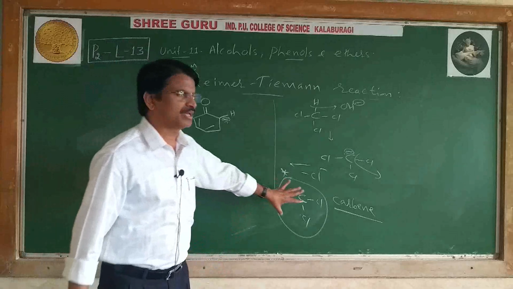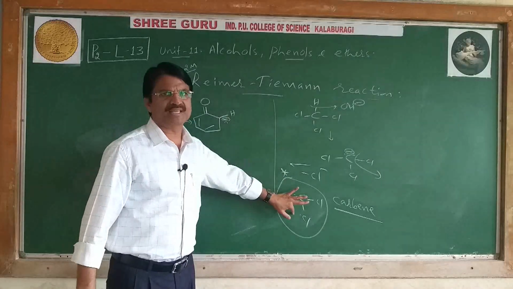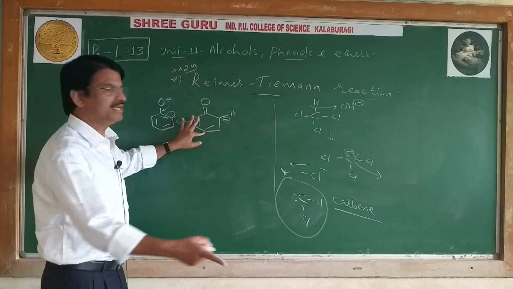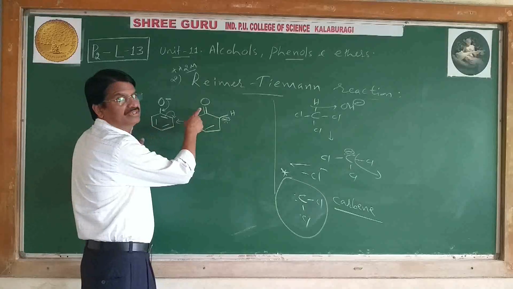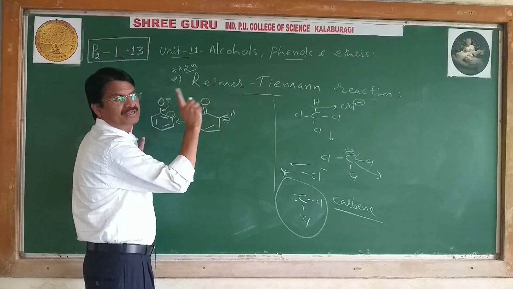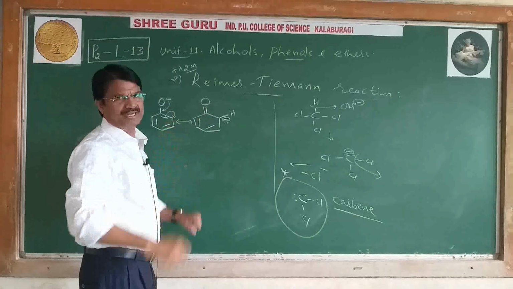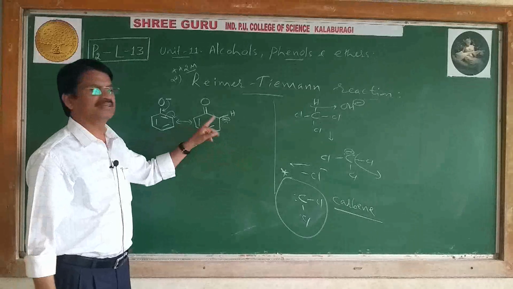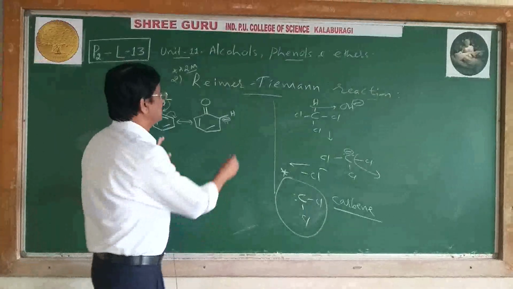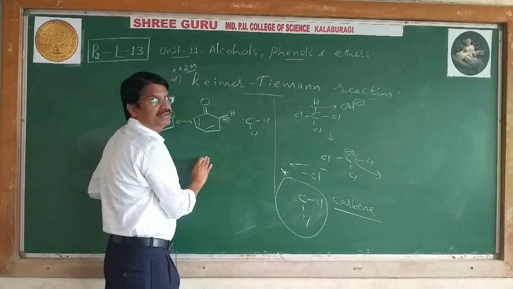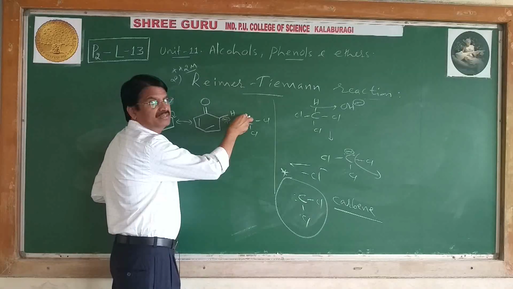Once the dichlorocarbene intermediate is formed, it can attack at ortho and para, but mainly at ortho because of the active O minus group. It is a polar group, and the ortho positions are more active. That's why it attacks at the ortho position. The carbene has Cl, an electron pair, and no charge.